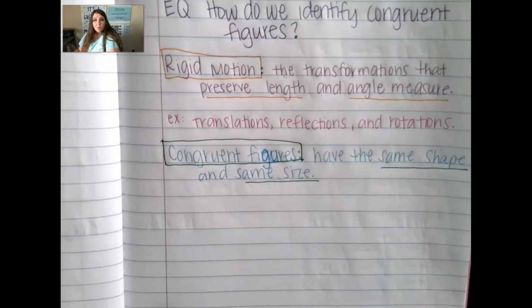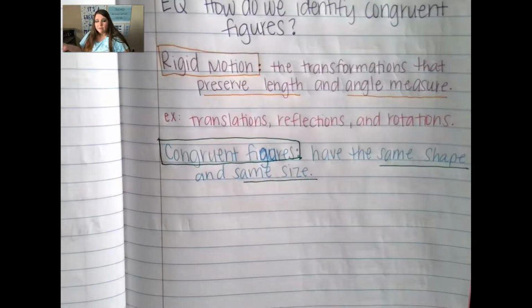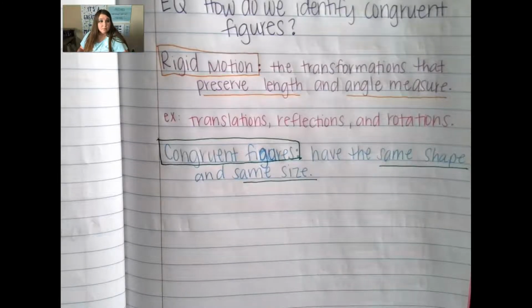This is going to take us back to thinking about towards the middle of the year when we looked at angles of triangles. Were they the same angle measures? When we looked at angle measures of lines in a square, those types of things.